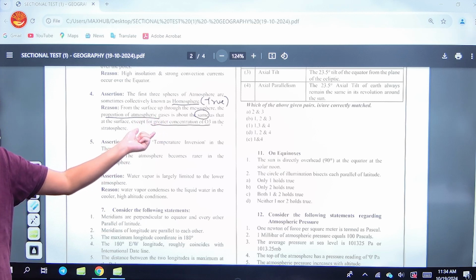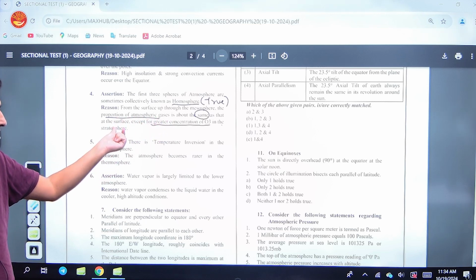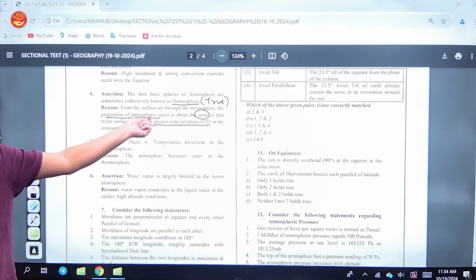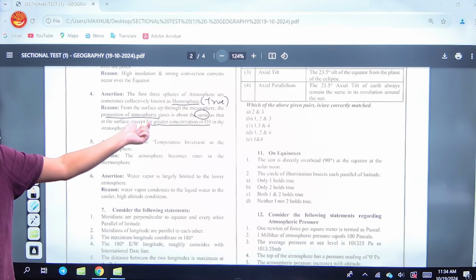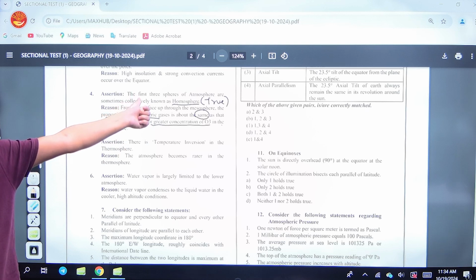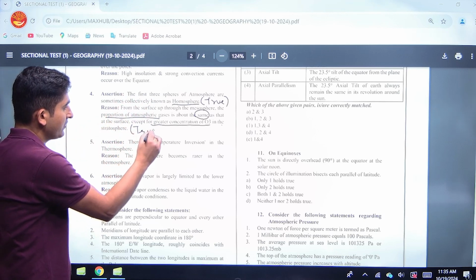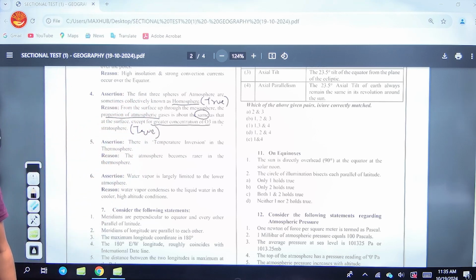Proportion of different gases in the atmosphere up to the mesosphere, up to the mesopause, is uniform. So that particular segment up to the mesopause is known as homosphere. Okay, Jaslyn? So both are true, and this reason correctly explains the assertion.